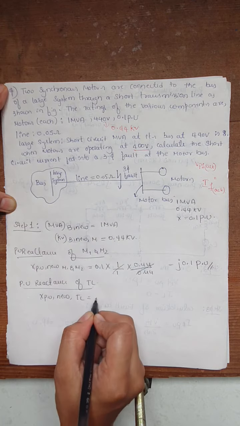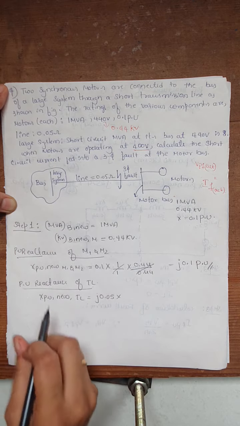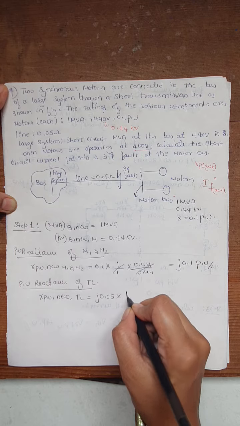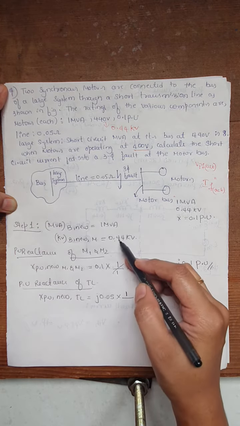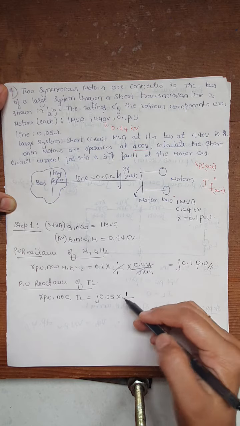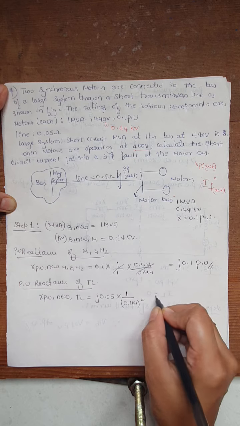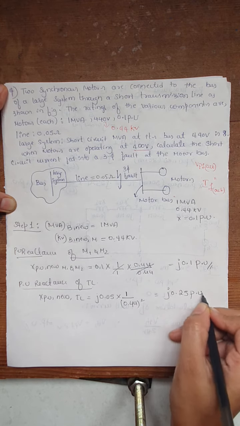We can write j0.05 multiplied by, using the formula for ohm to per unit conversion, MVA base new, that is 1, over kilovolt base new squared, the same as the motor value, 0.44 whole square. We get the answer as j0.25 per unit.